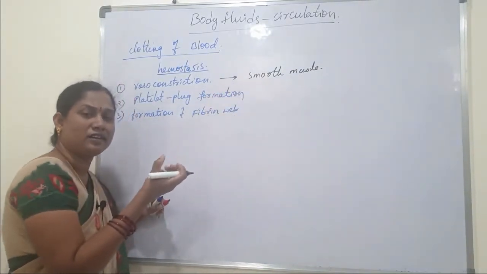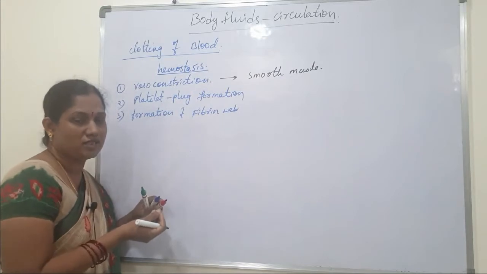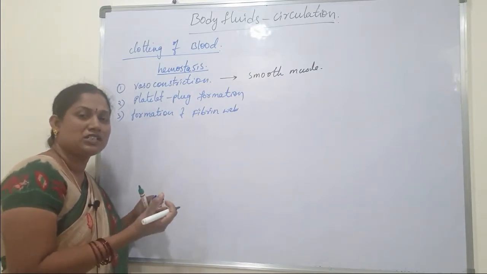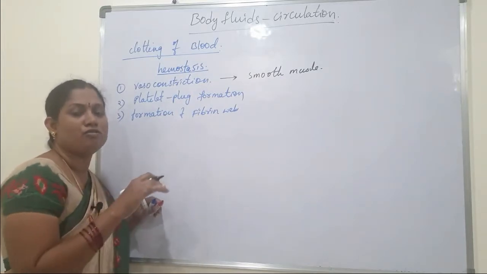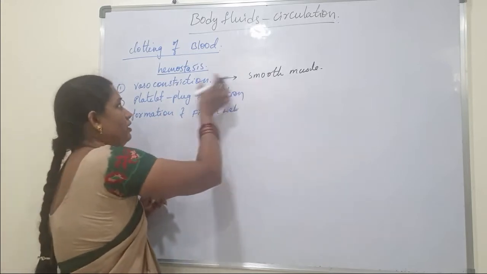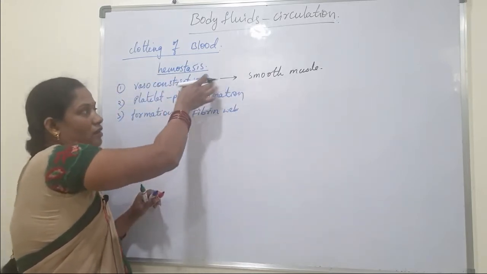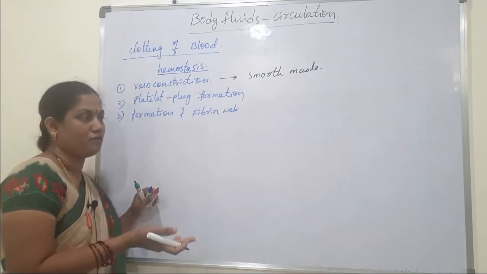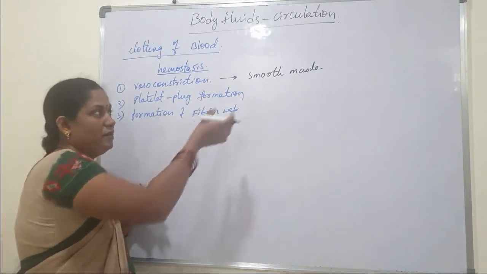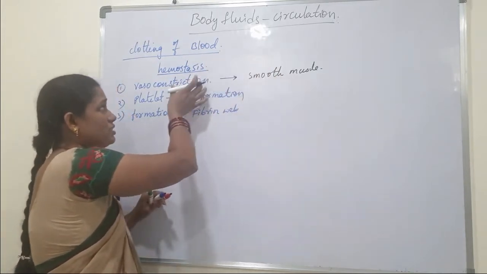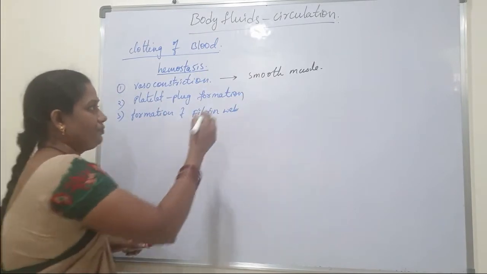These smooth muscles contract if any injury takes place. They close the lumen of the blood vessel to stop the loss of blood. That is called vasoconstriction.